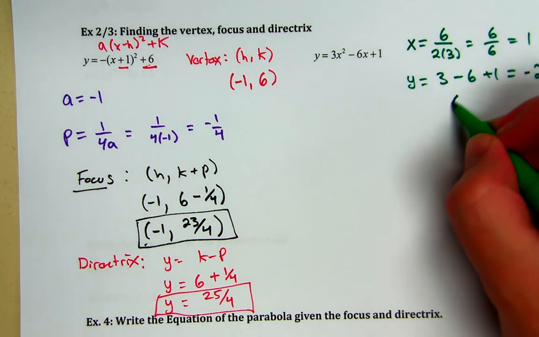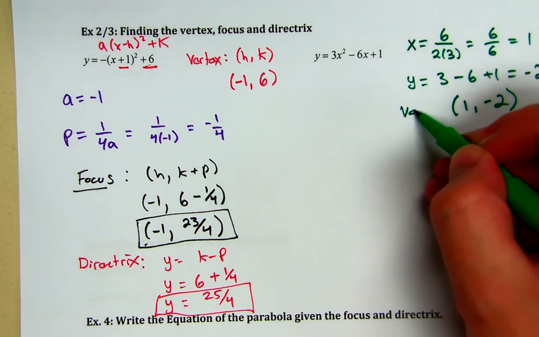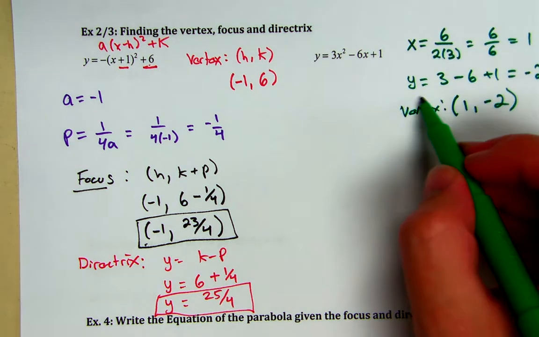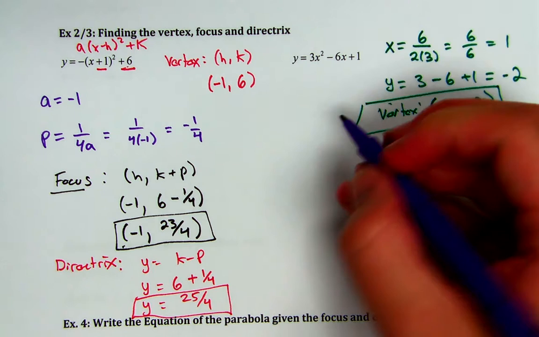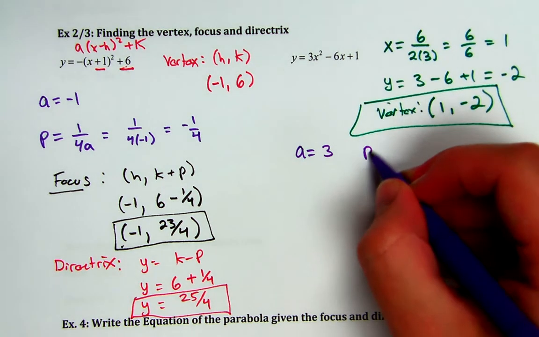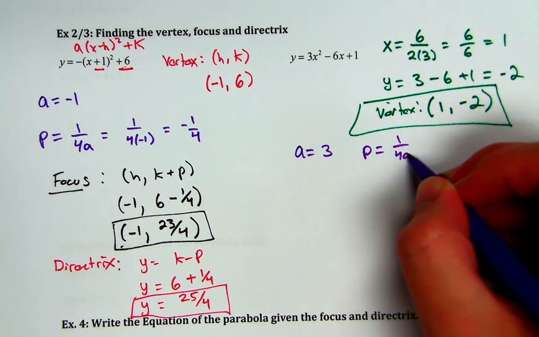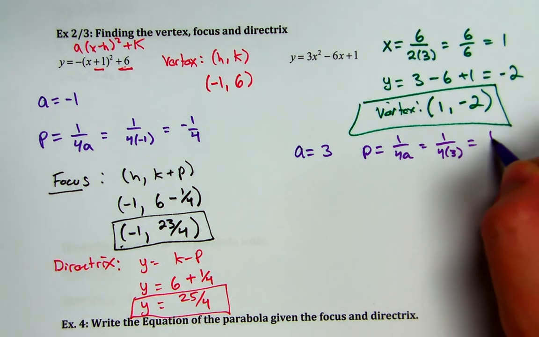So the vertex is (1, -2). It's always good in this lesson to start labeling your things, because there's a lot that goes on in these problems. Well, what was a? A is 3. So p is 1 over 4a, which equals 1 over 4 times 3, which is 1/12.